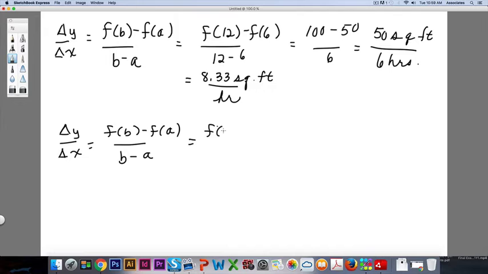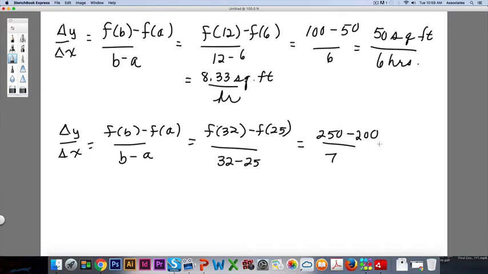So we put f of 32 minus f of 25 over 32 minus 25, which will give us 250 minus 200 over 7. So I get 50 square feet over 7 hours. If I simplify that, I get 7.14 square feet per hour.